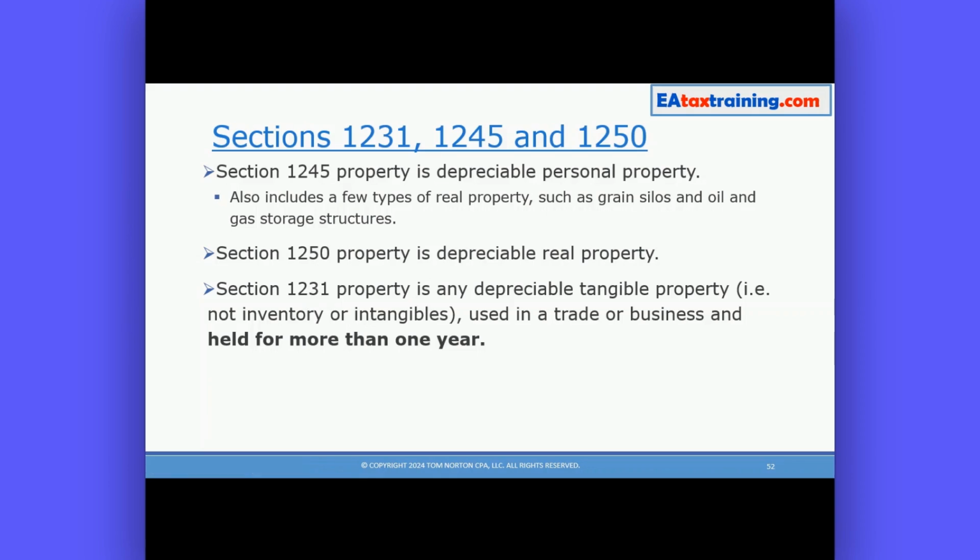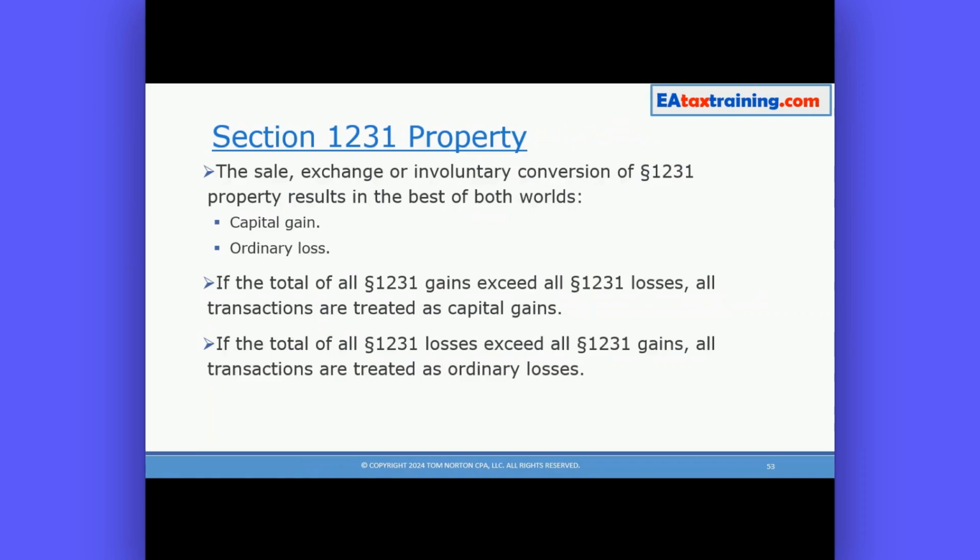So what is so special about Section 1231 property? The sale, exchange, or involuntary conversion of Section 1231 property results in the best of both worlds. You get capital gains and ordinary losses. So even though these are not capital assets, we saw the list, they're not capital assets, still, if you have a gain, you get capital gain treatment.